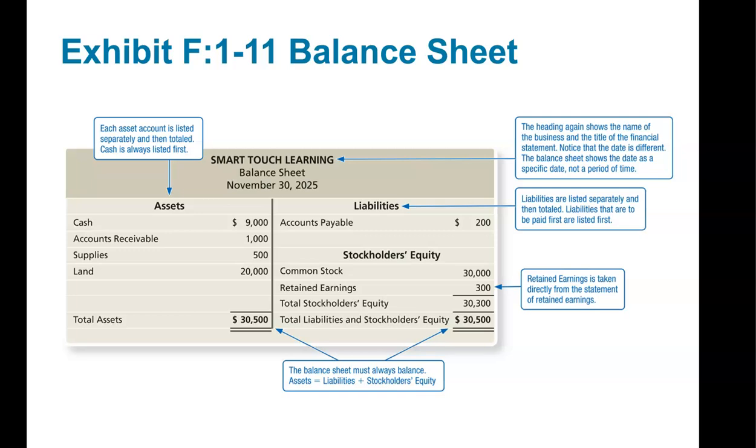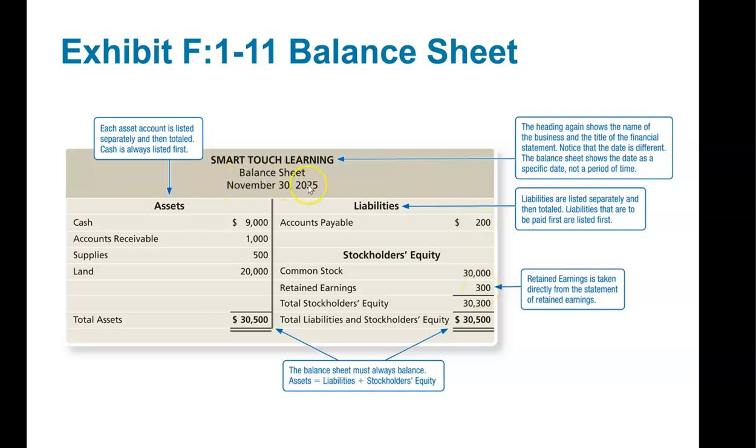Those headings should sound familiar to you. Remember, those are the headings in our accounting equation. So just like in the equation, balance sheet means these should be in balance. So our assets should equal the sum of our liability and stockholders' equity, which they do, $30,500 in assets and $30,500 in both stockholders' equity and liability.